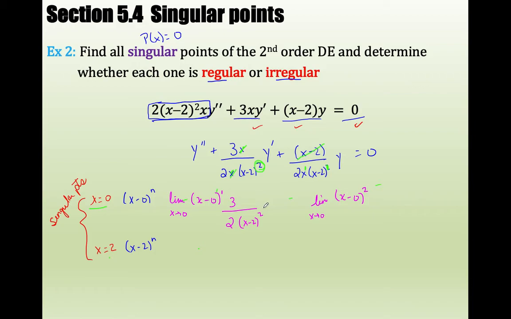So I end up with, plugging in 0 for x, I have 0 in my numerator over 2 times, who cares, except it's not 0. So you put 0 in here, negative 2 times 4, which is 0, which is finite.